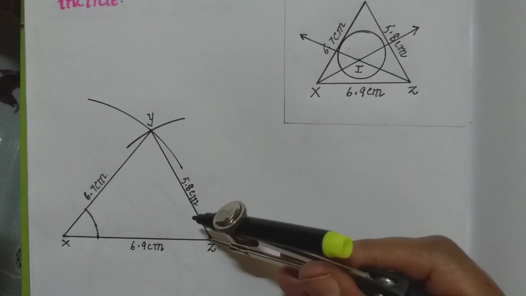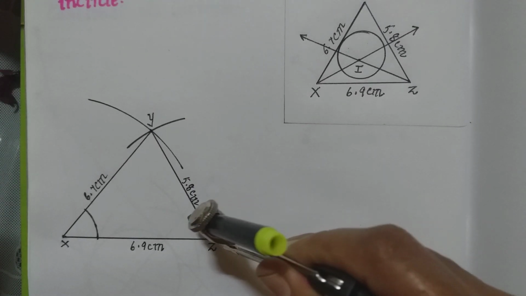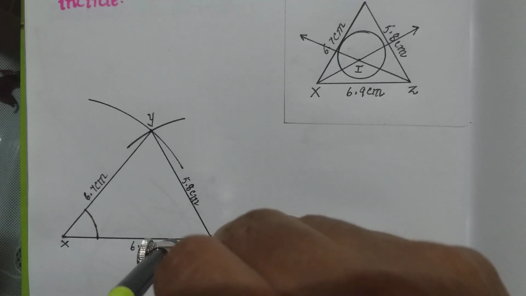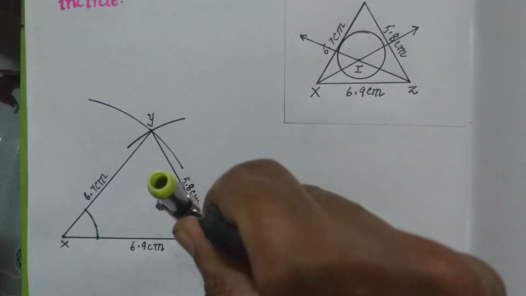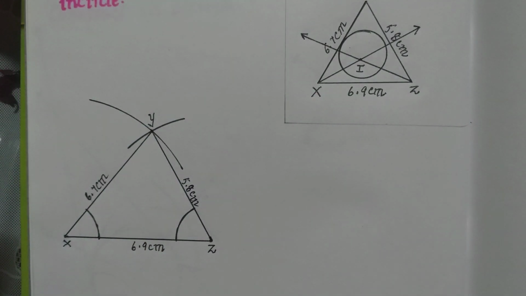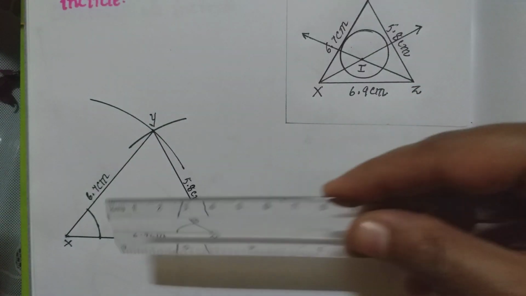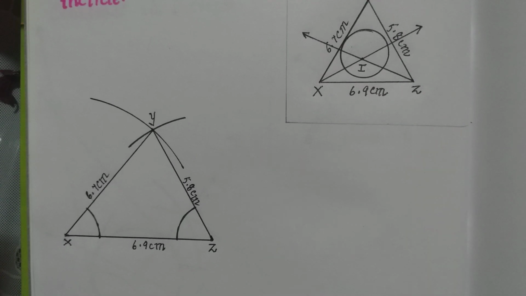Same thing I do at Z. I keep the point at Z, and with a convenient radius I draw a part of the circle which touches the two arms of the angle Z. So you see that these are the two arms of angle Z, and this part of the circle is touching it.